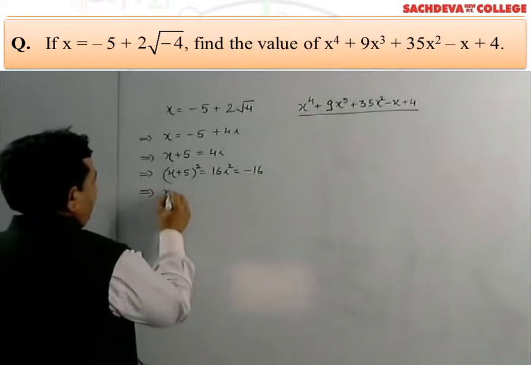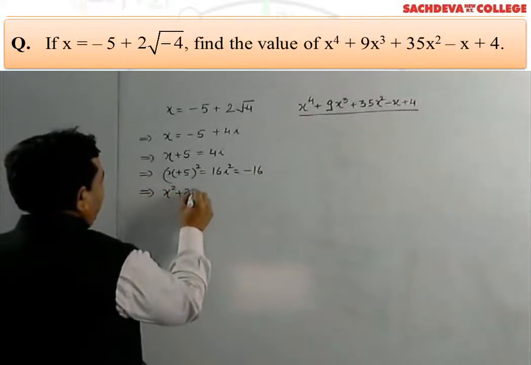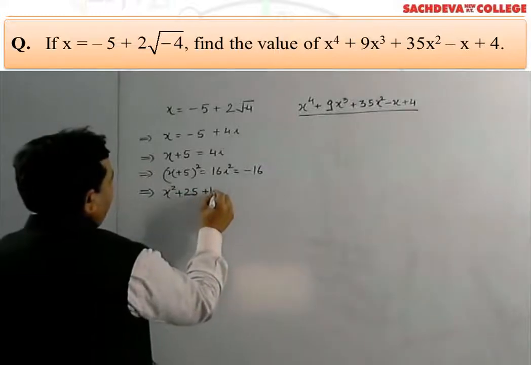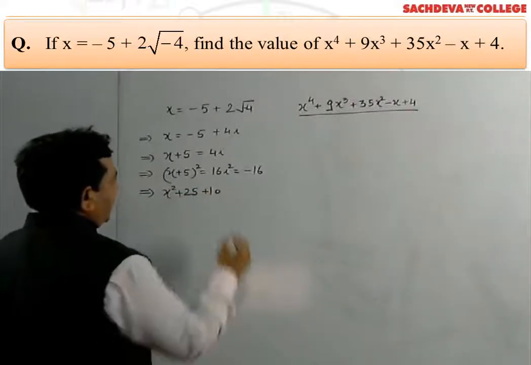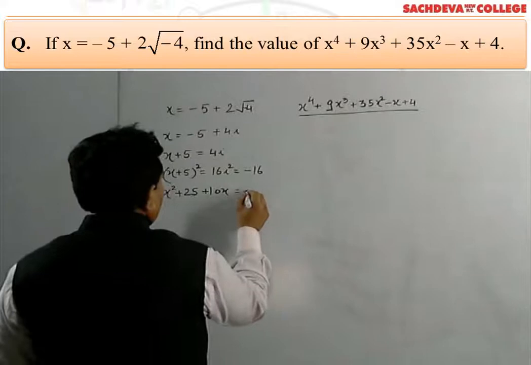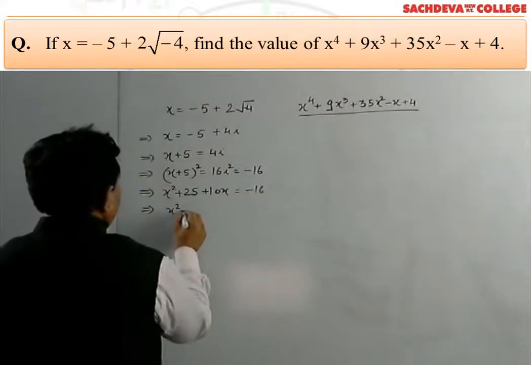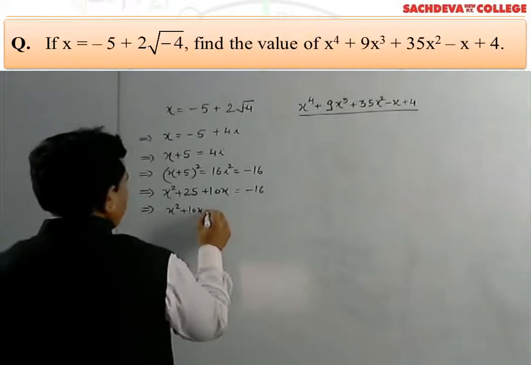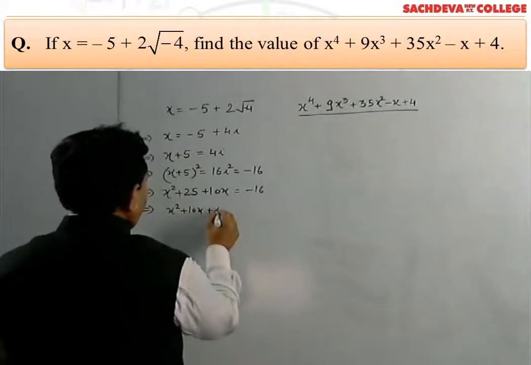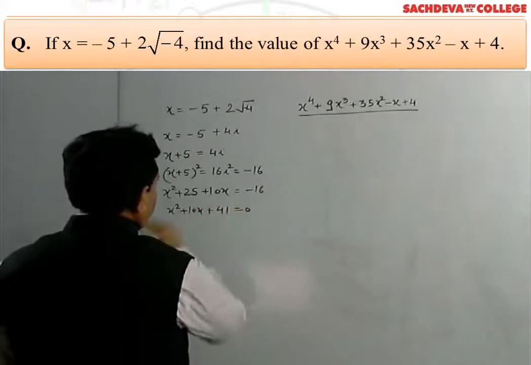Or this will be x² + 25 + 10x = −16, or x² + 10x + 41 = 0.